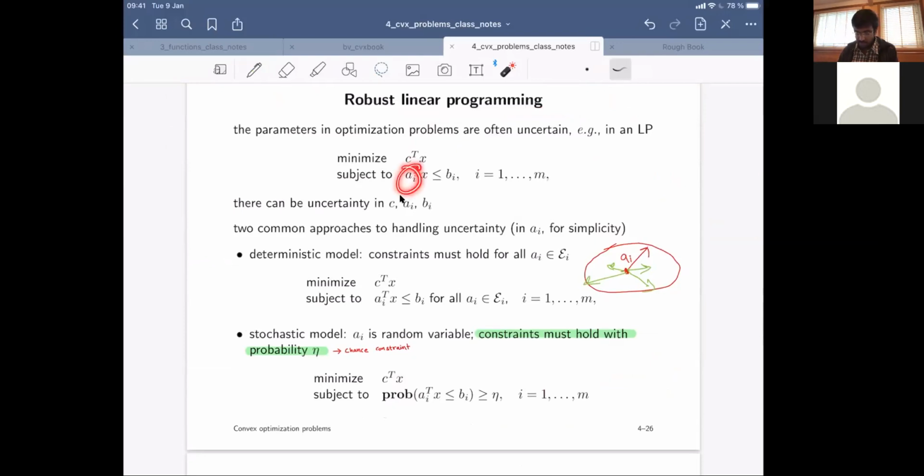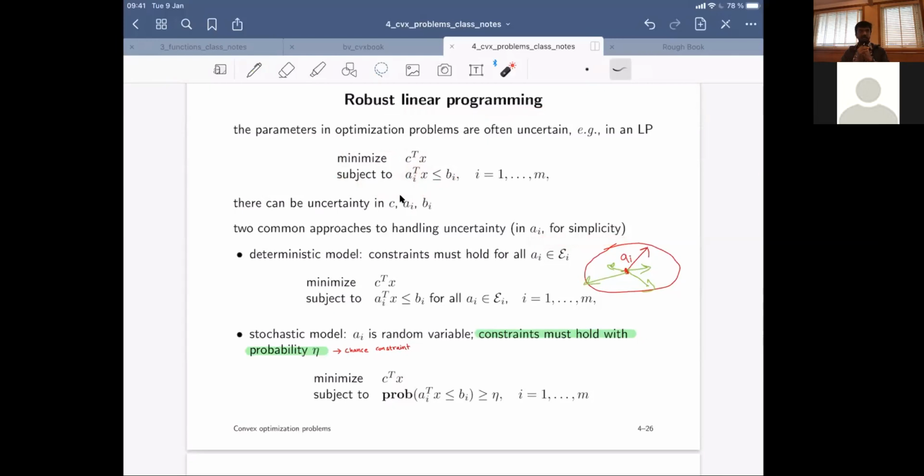Now, this is a linear programming, and if there is randomness associated with the coefficients, for example here we are considering AI, then we can rewrite the linear programming using an SOCP. You cannot write a linear programming by accounting for this randomness.